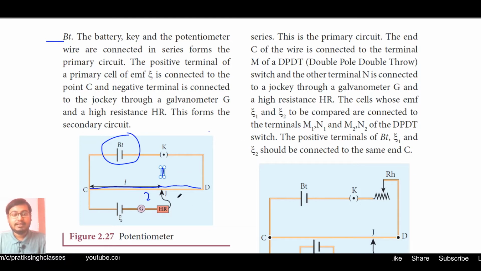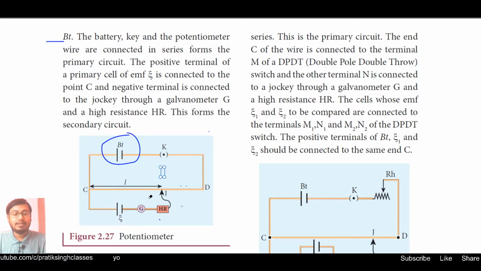In the other circuit, the secondary circuit, another cell of EMF ξ is connected with a galvanometer and a high resistance whose value we know, which is again connected to a jockey. This jockey J can slide anywhere between C and D in such a way that when the potentials in the primary circuit and secondary circuit become equal, the galvanometer deflection becomes zero.